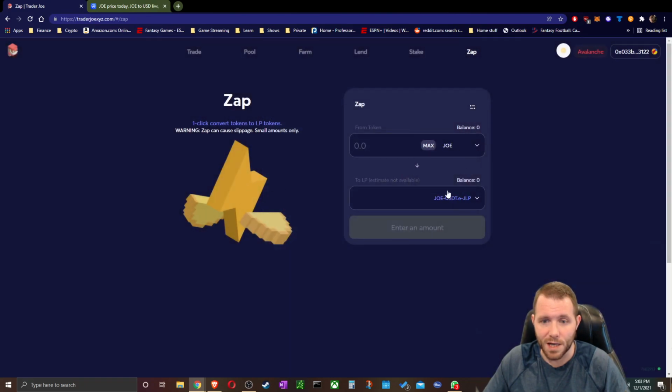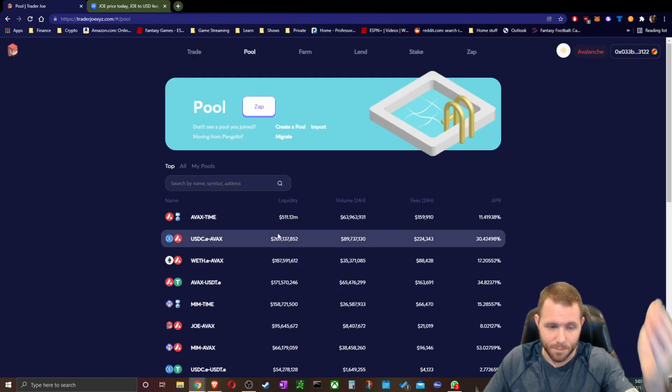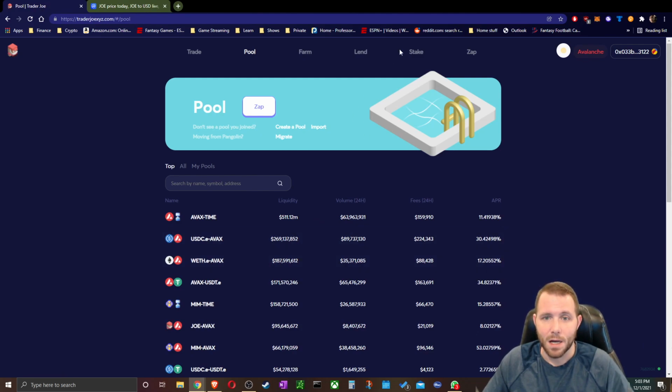It would basically go over to the trade. It would make a swap for half of it because you need some Joe. Half of it would stay Joe, and then half of it would go to this USDT stablecoin, and then it would additionally take both of those in equal portions and create the LP token as if you did all of that hard work manually through here.